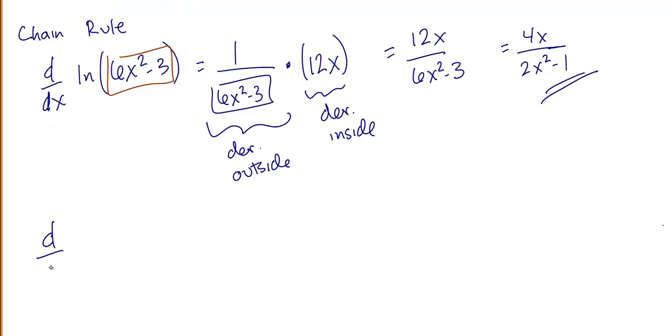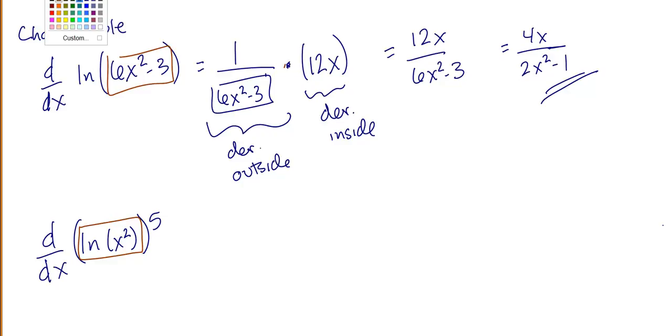And let's try this next one. I kind of did some nested chain rules here. So let's take the natural log of x squared, but let's raise all of that to the 5th power. So when I start to do my chain rule, I say, well, what's the inside function? So the inside function is actually this natural log of x squared.